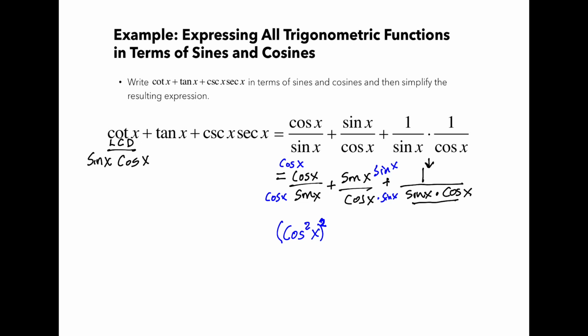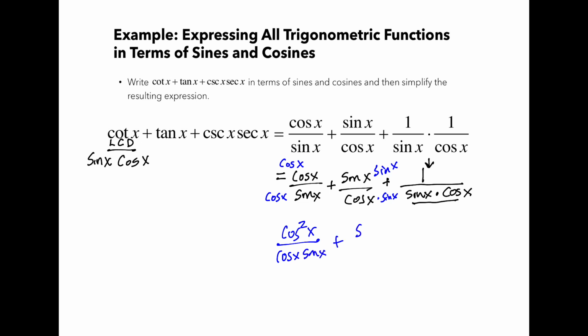But generally, without it, that square would only apply to the x. It would not apply to the cosine, right? So taking the cosine of an x that we've squared is different than taking the cosine of an x and then squaring that result. So cosine squared x generally is how we'll write that, over cosine x sine x.